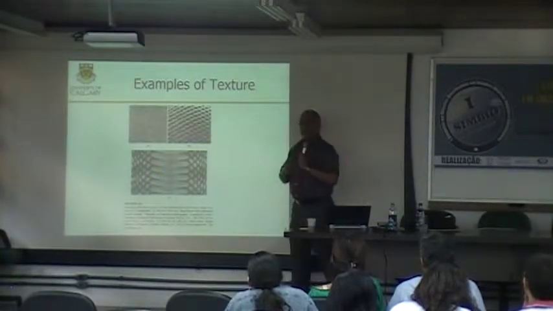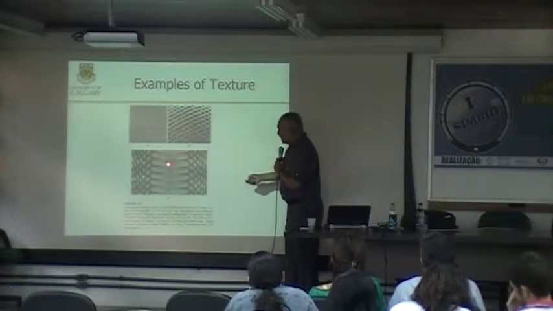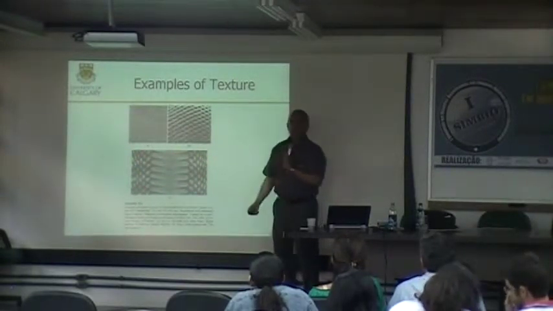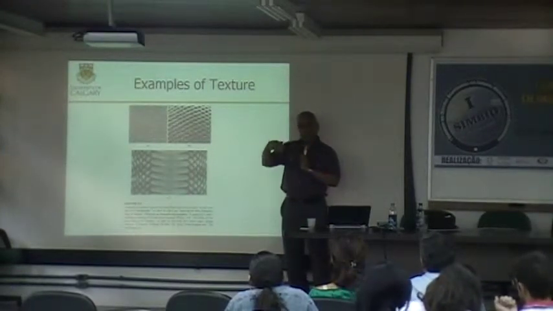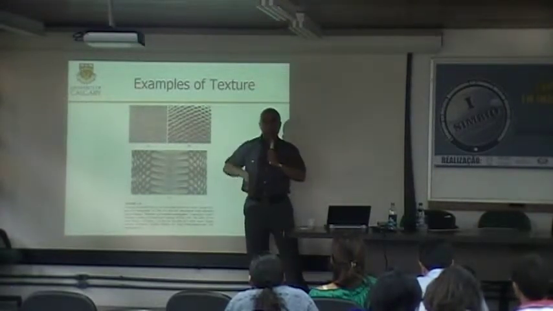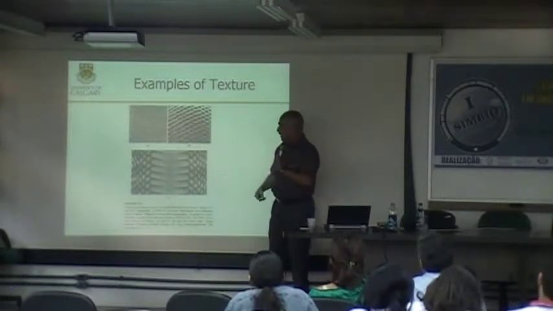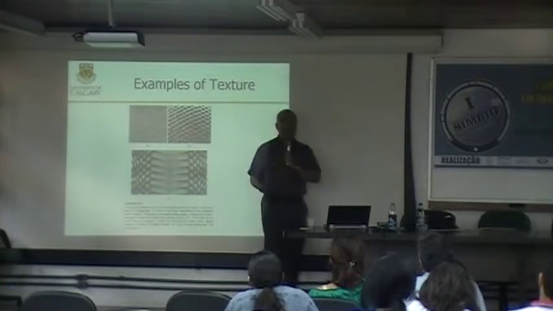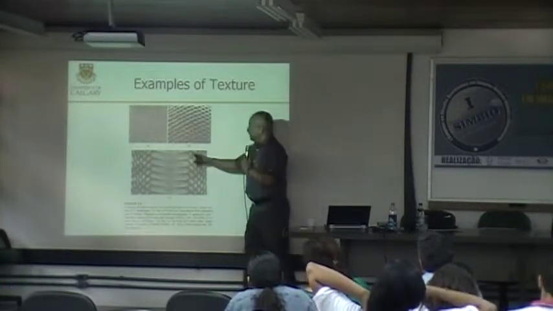This is the belly of a cobra, of a snake. So you see these elements repeated. You see those elements repeated. They are different. When a pattern is repeated, it is periodic texture. This line is being repeated. So this is periodic texture. So this is a texture unit, or sometimes it is called a texton. This is repeated.